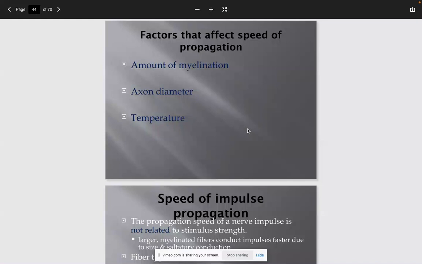There's a condition called multiple sclerosis, MS, which is an autoimmune disorder that causes destruction of the myelin sheath. Autoantibodies attack the myelin present within the neuron, and it can attack everywhere from the central nervous system to the peripheral nervous system.